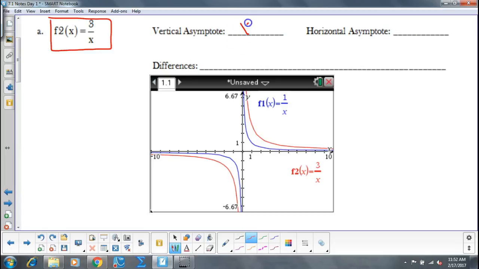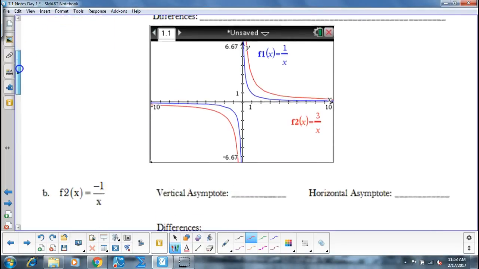All vertical asymptotes are of the form x equals some number. Looking at the left and the right sides of my graph, what's the horizontal asymptote of this graph? y equals 0. The only big difference is bigger outputs, right? Bigger outputs for red.